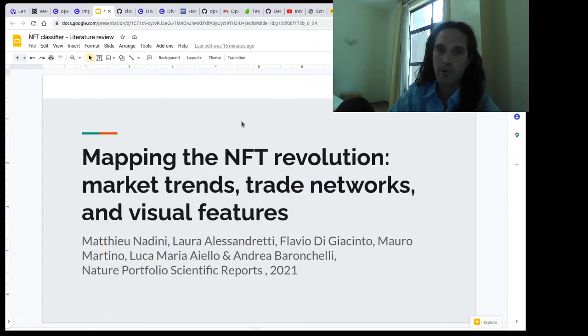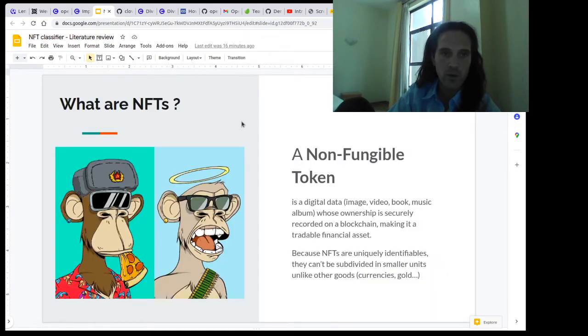On the second paper, Mapping the NFT Revolution, different methods and inputs are used. What are NFTs? NFTs are non-fungible tokens.